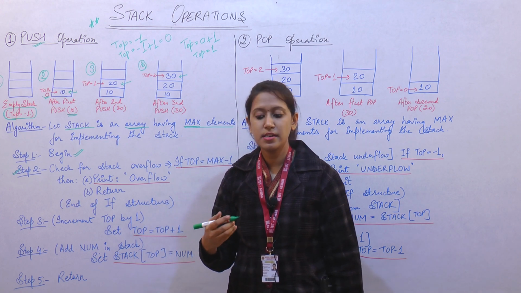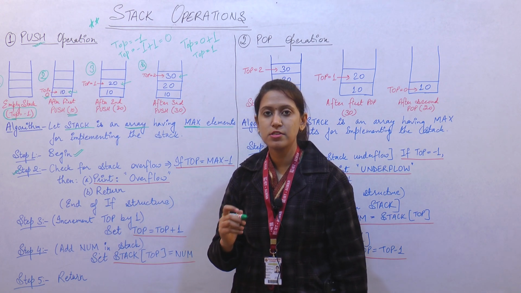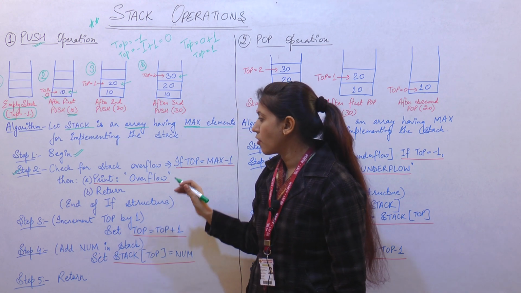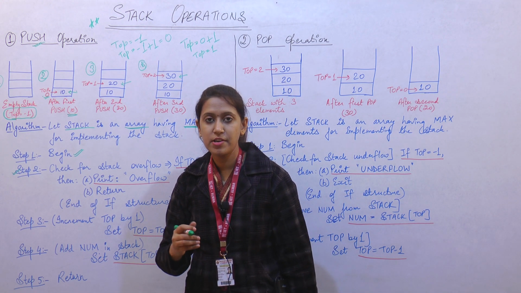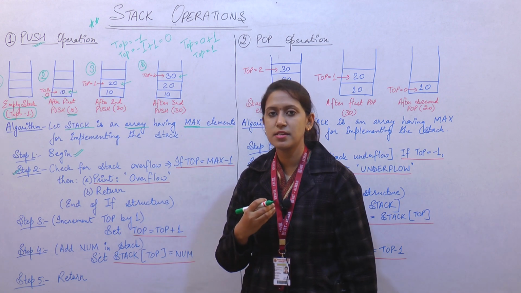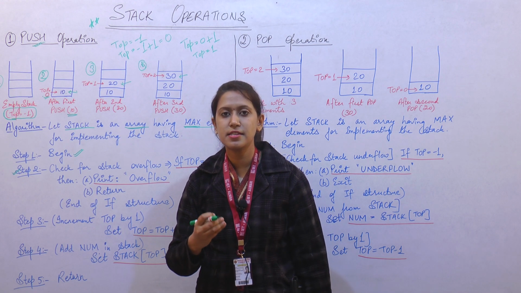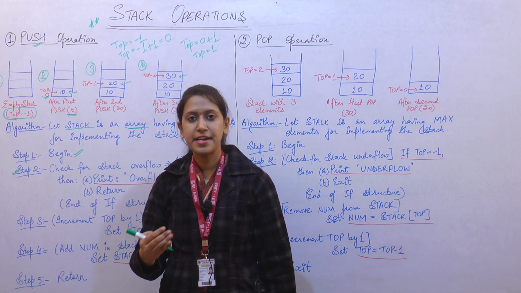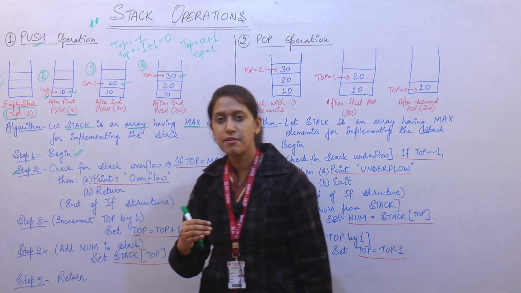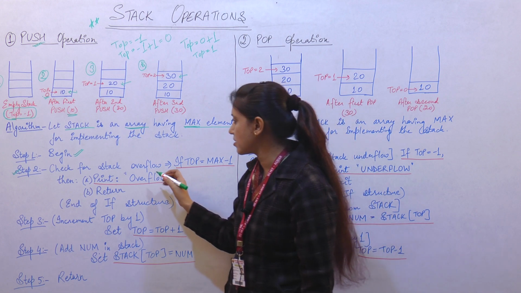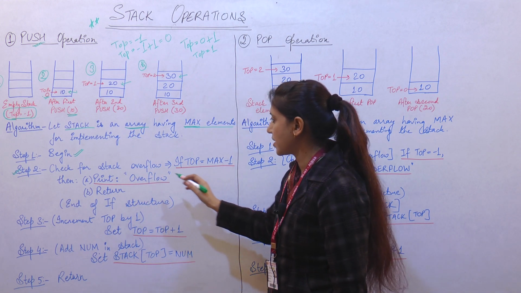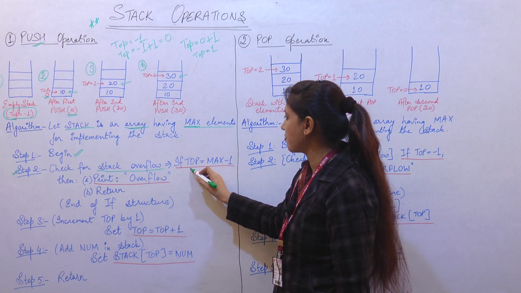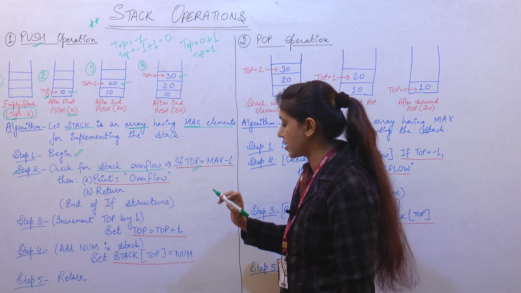So for inserting some new elements in the stack, first of all we will check whether our stack is overflow or not. If our stack is overflow, we just cannot insert any single element in that stack. So before inserting any new element in the stack, we will first check whether our stack is overflow or not. For checking the stack overflow, we are implementing a condition: if top equals max minus 1.